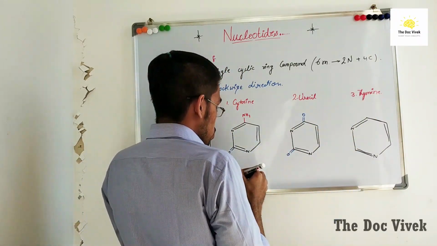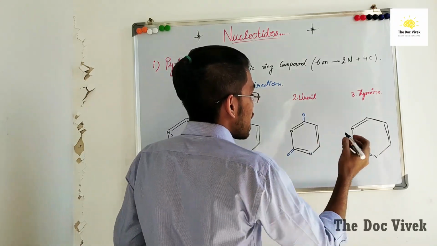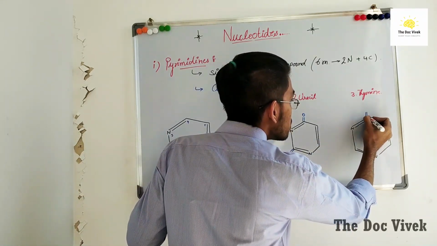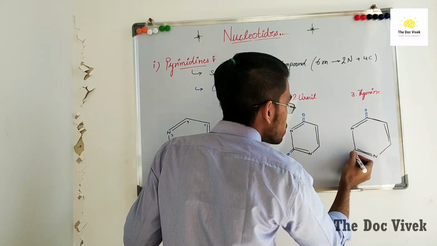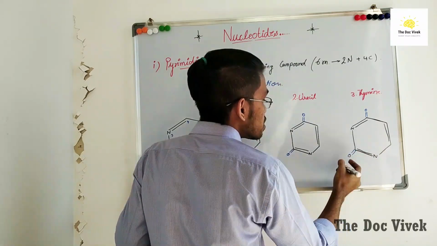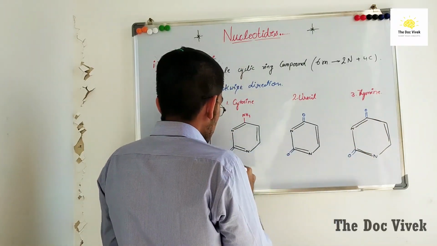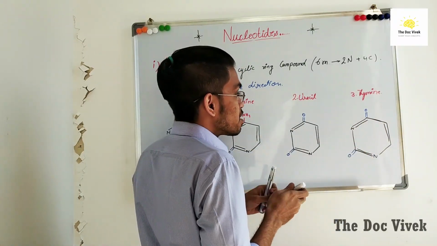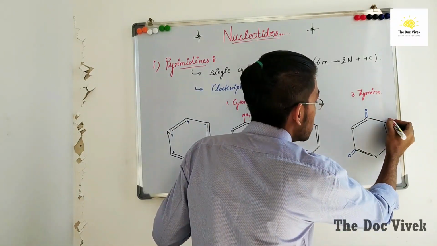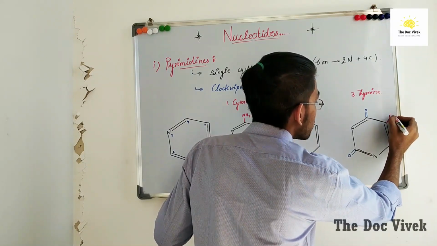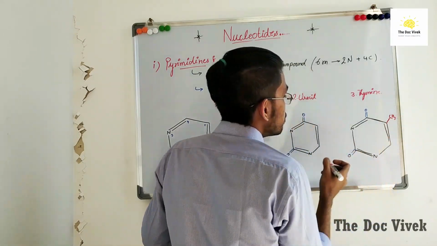And if we talk about thymine, it also contains two oxy groups. One is on the second number carbon and another is on the fourth number carbon. But the difference is what? It contains an additional methyl group at the fifth number carbon.